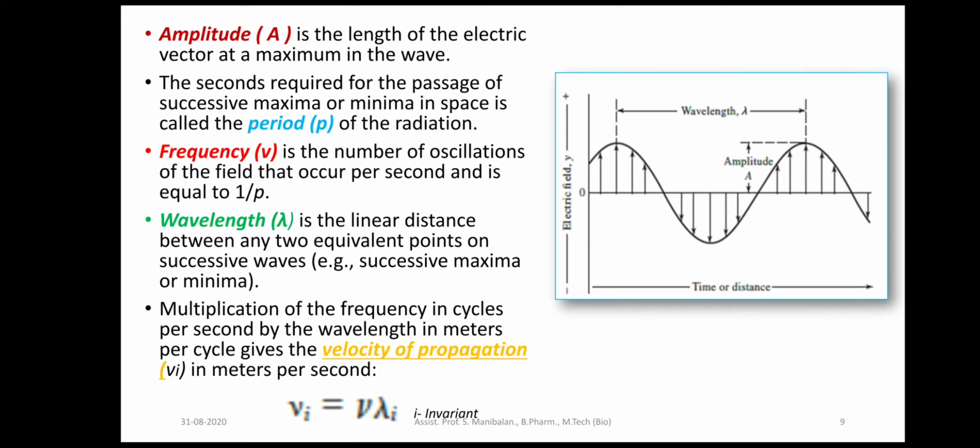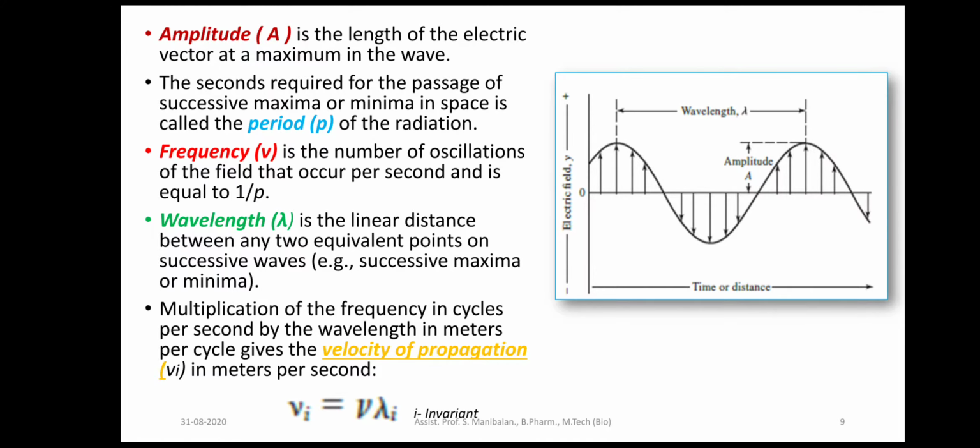The multiplication of frequency in cycles per second by the wavelength in meters per cycle gives the velocity of propagation. Here the unit of velocity is meters per second. So v_i equals frequency times wavelength, where i means invariant, because light does not pass through at the same velocity.